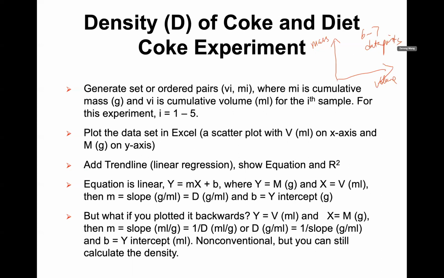So 6 to 7 are acceptable. If you have less than that, then you cannot tell the overall trend of the data. For example, you have one dot. If you try to draw a line across this dot, you can go any direction, right? Like this. So one dot cannot determine the direction.